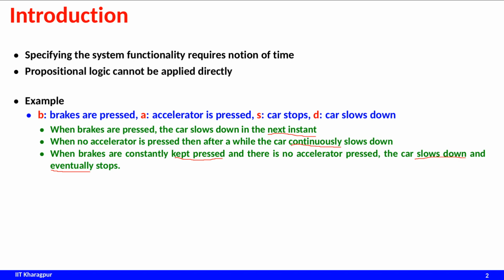So I have to have some mechanism through which I will be able to specify this kind of system properties. The purpose of these properties is when we want to verify a system. Let's say somebody has designed the car, and the manufacturing company is claiming this kind of properties. These are very naive ones. Now if I want to really verify that this property holds, then I have to check.